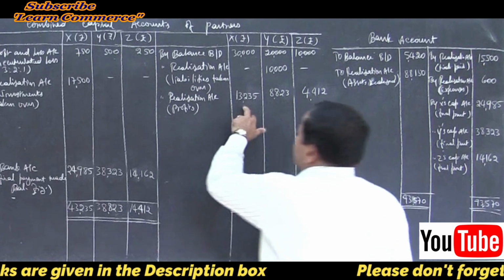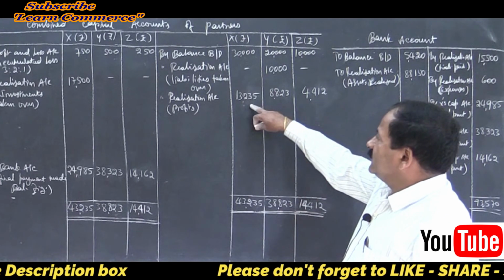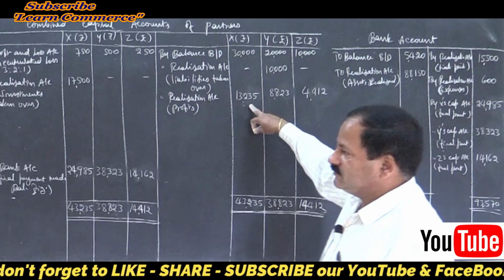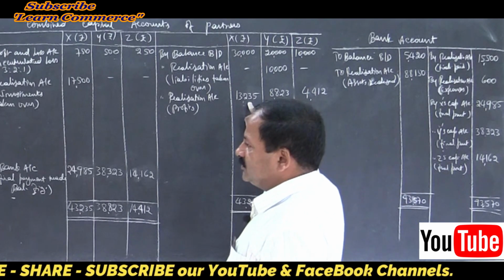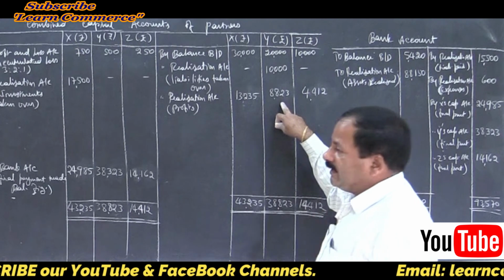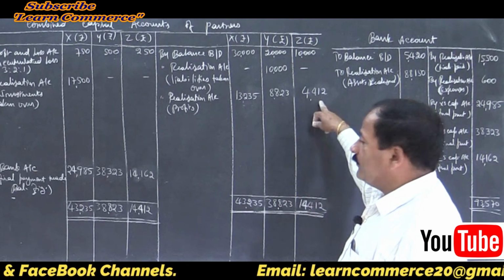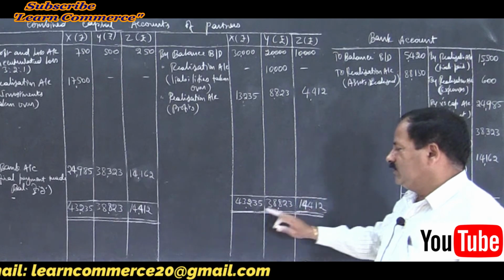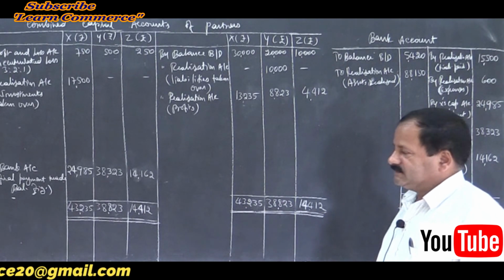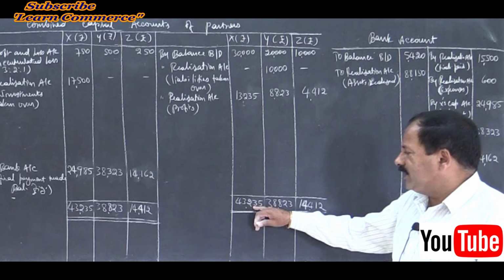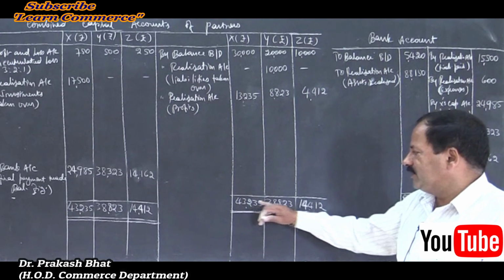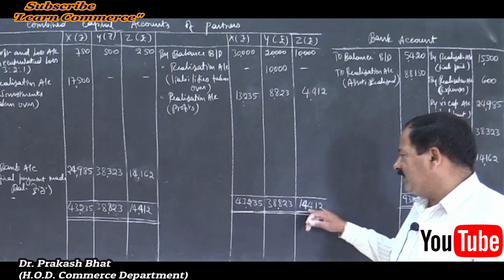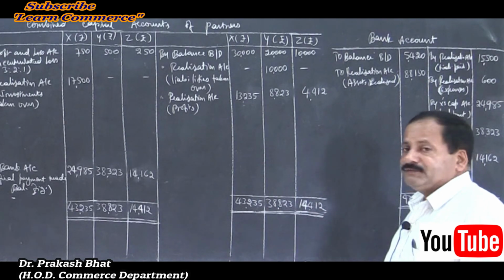Then write the same profit here: 13,235, 8,823 and 4,412. Change the totals: 43,235, 43,235, 38,823, 38,823 and 14,412.